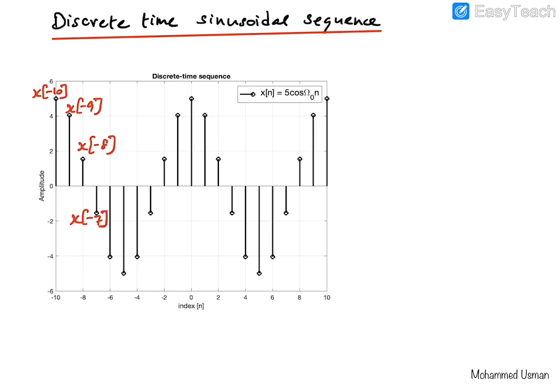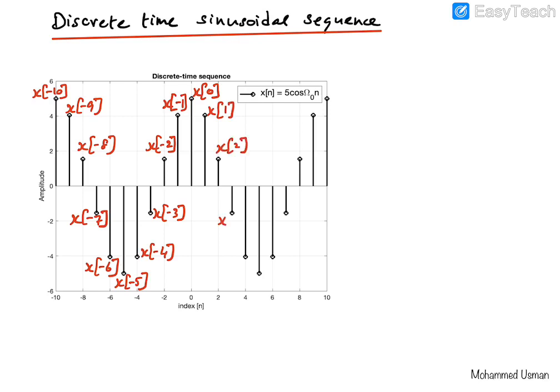So that's x[-7], x[-6], x[-5], x[-4], x[-3], x[-2], x[-1], and that is x[0], and that corresponds to x[1], x[2], x[3], x[4], and so on.